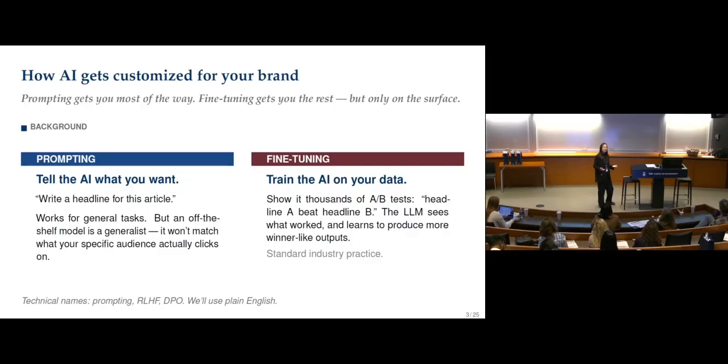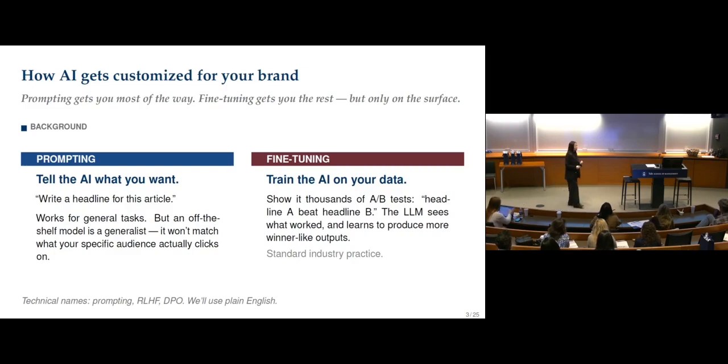A practice that is being adopted by the industry is something we call fine-tuning, where you give your private company data that contains user engagement and use that to train a model. For example, you give the LLM many pairs of good content and bad content, and tell the LLM specifically, try to produce more like these winners and less like the losers.